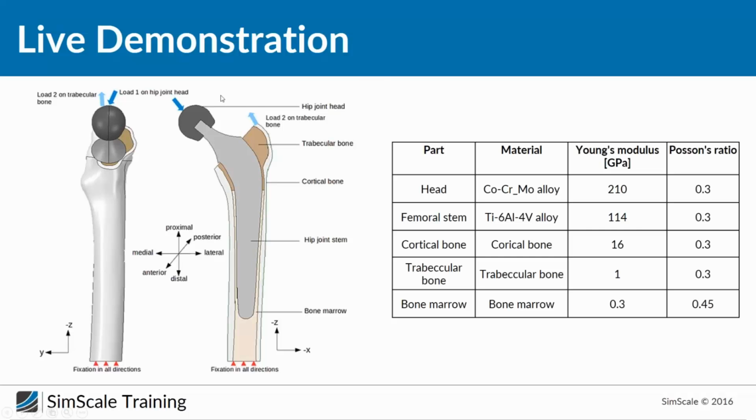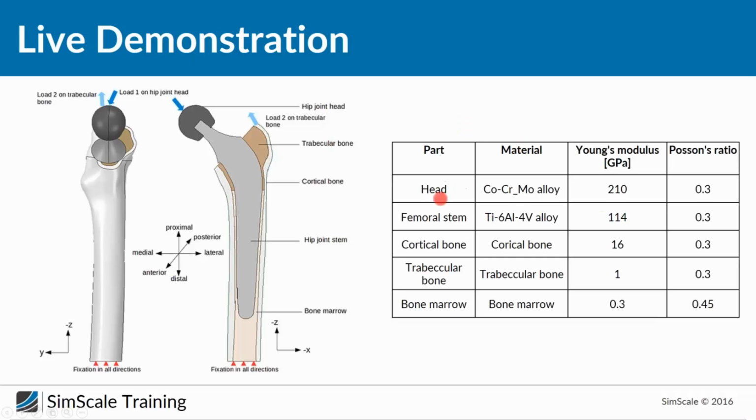We will use a 3D CAD model, including the hip joint head, the hip joint stem, which you can see here, the stem, this is the head. And then we also have the trabecular bone, here in brown, the outer cortical bone, and the inner bone marrow. And we have a system of, in the end, 5 different parts made of 5 different materials.